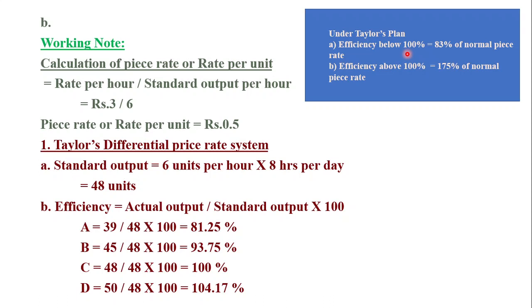Below 100% means 83% of normal piece rate we have to take. B's efficiency is also less than 100%, so 83% of normal piece rate. C's efficiency is 100 and D's efficiency is 104.17, so C and D's efficiency is not below 100%. We have to take 175% of normal piece rate.